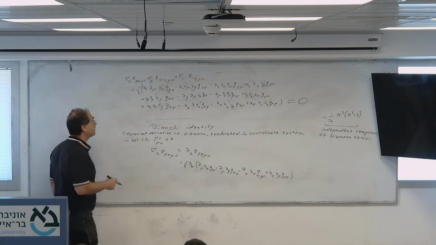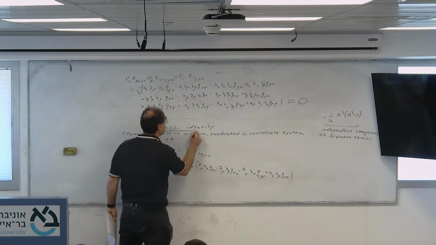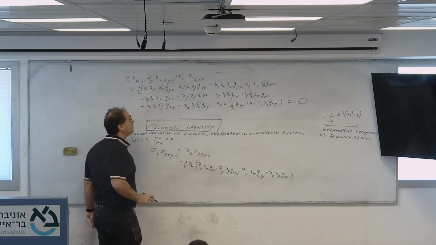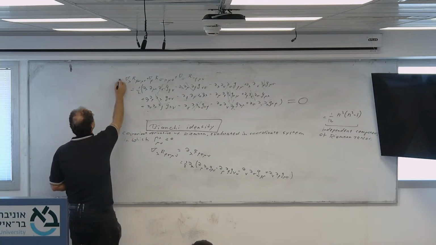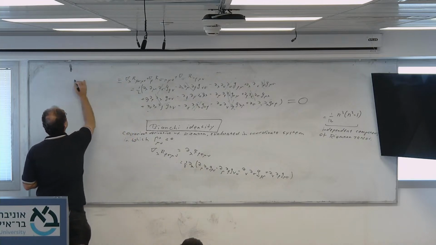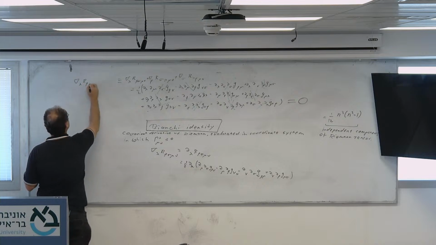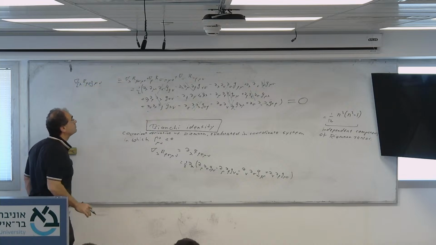This is called the Bianchi identity. And in short notation this is written as nabla lambda R rho sigma mu, anti-symmetric here.